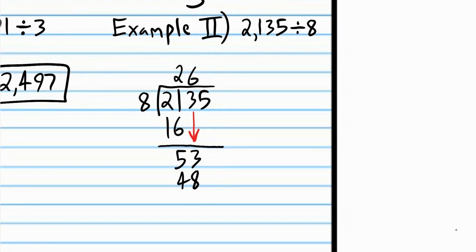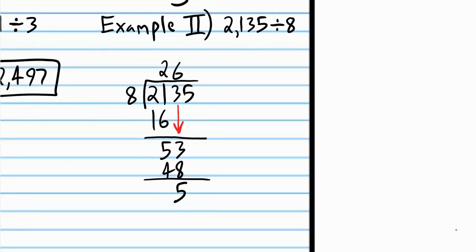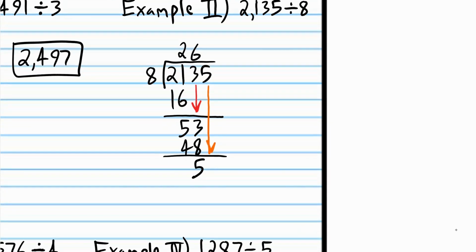Step number 3, we're going to subtract these numbers. 53 minus 48 is 5. And then we have one more number to bring down. So we're going to bring down that 5. And we get 55 there.